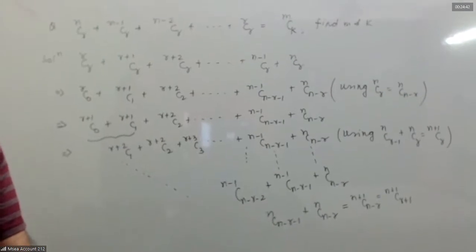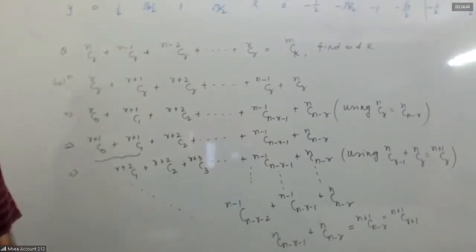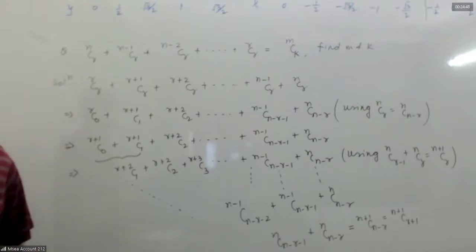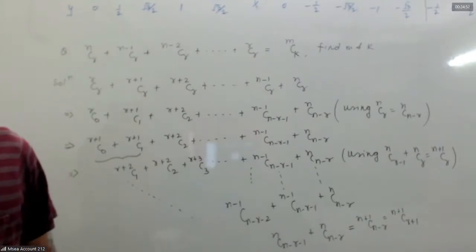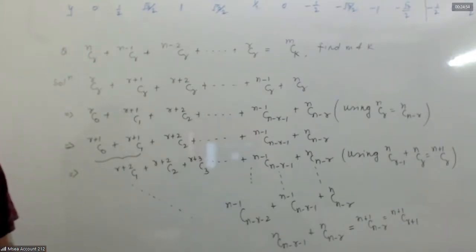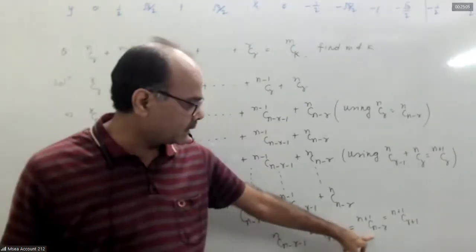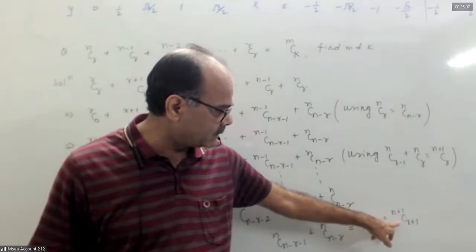Thank you. Again, here nCr equal to nC(n minus r).